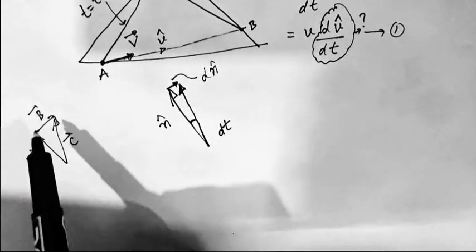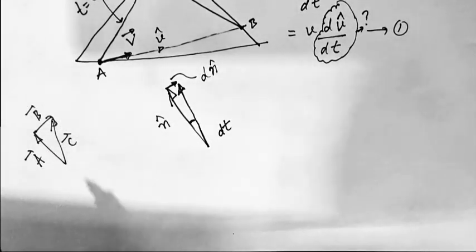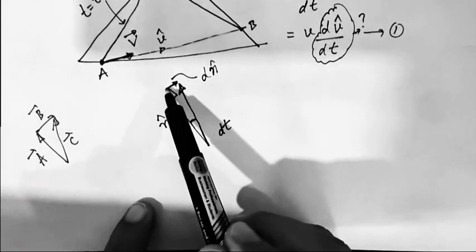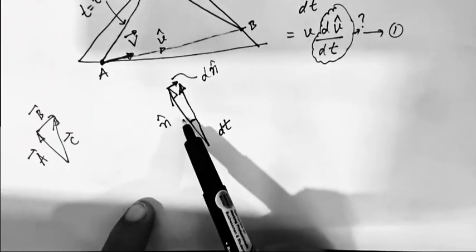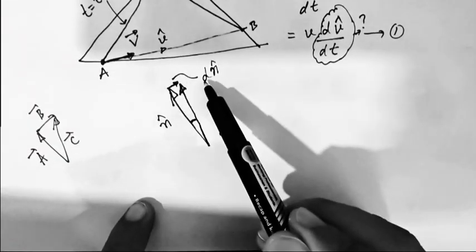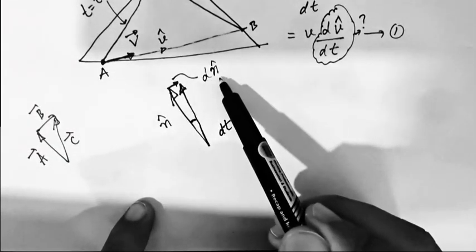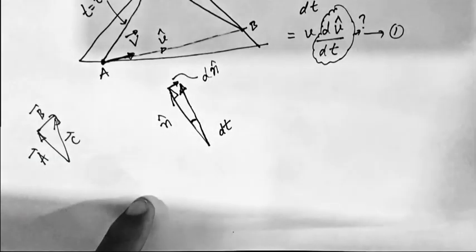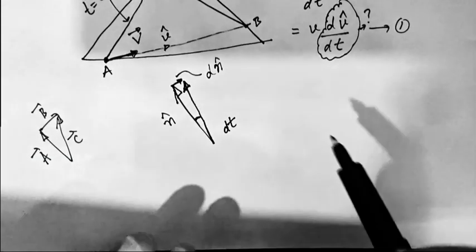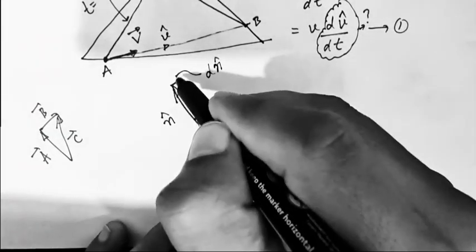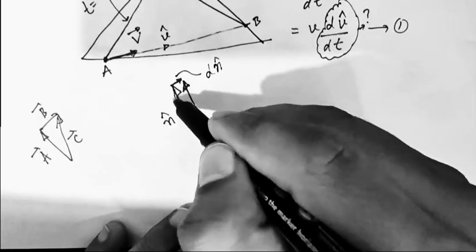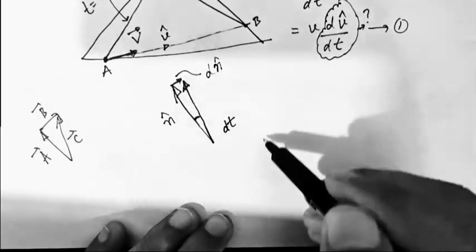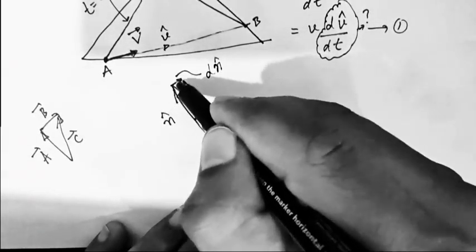isn't it? So what will be b vector? C vector minus a vector. So this vector should be this final unit vector minus initial unit vector. So this represents the small change in the unit vector. D represents here an infinitesimally small change. Now what will be the length of this vector? Since this is like an arc of this radius, if I draw a circle here, this should be like an arc.